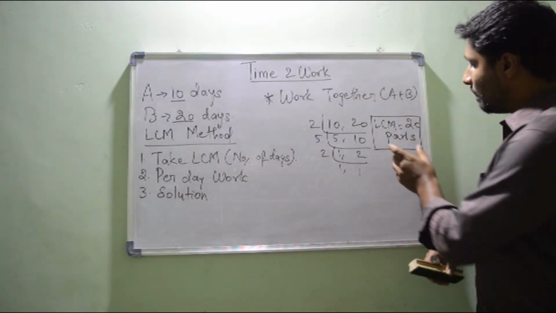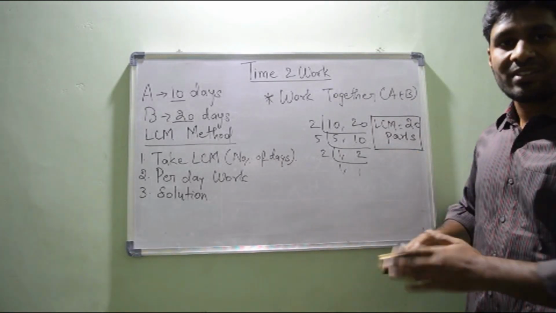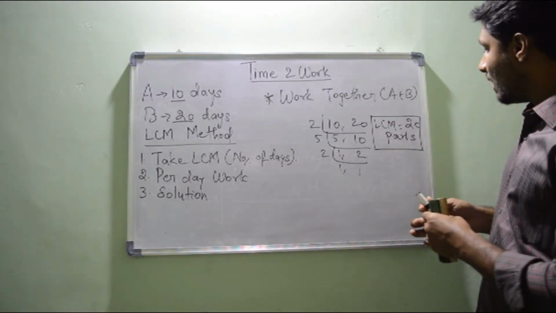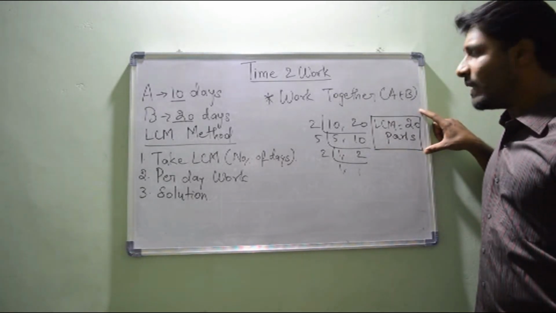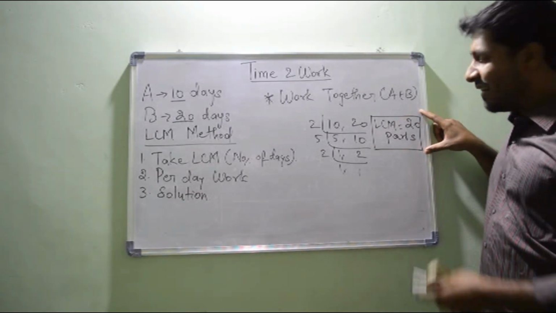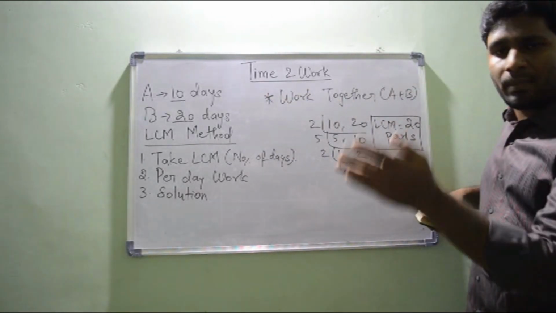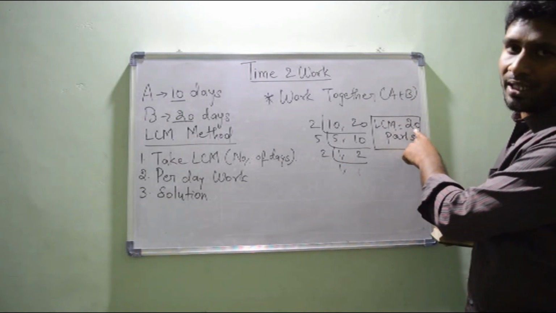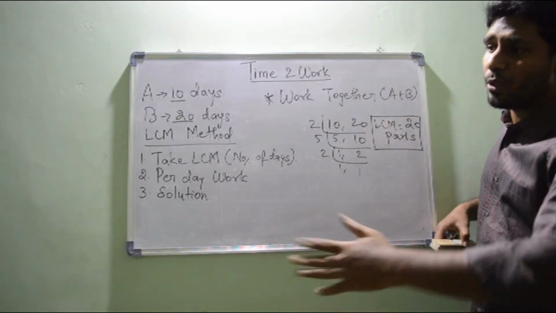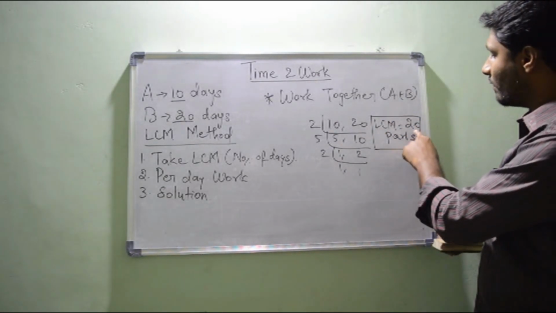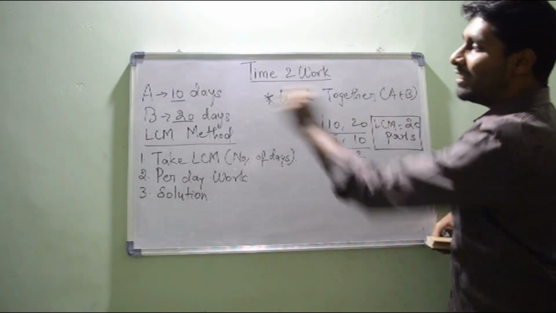The word parts simply means segments of work. Here I can interpret that I have 20 parts of work to do together. This 20 is the least common multiple of these 2 persons. So 20 units of work, or 20 parts or 20 segments, whatever you want to call it, are there commonly for these 2 persons.